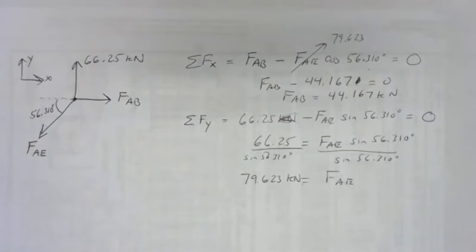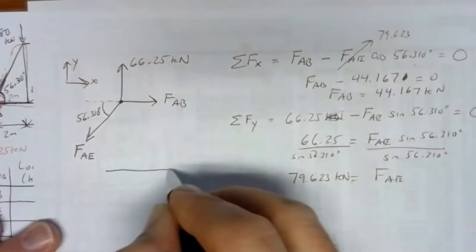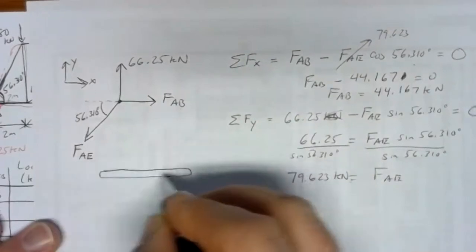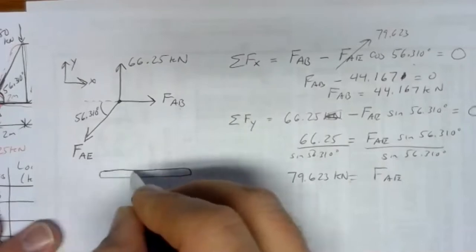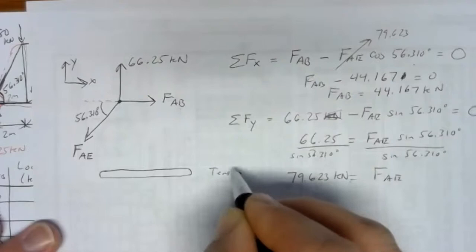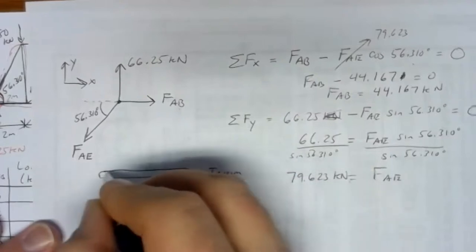To figure out whether we're in tension or compression, remember the basic picture for method of joints. For method of joints, if we have a member in tension, a member in tension pulls its joints inward.